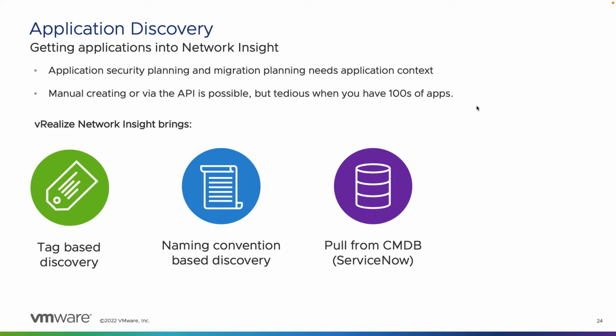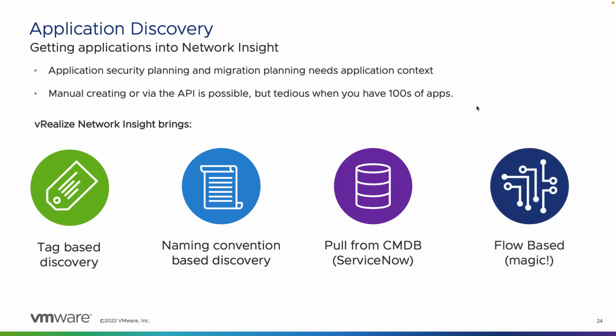We can also pull from a CMDB, such as ServiceNow, and be able to ingest those applications from that CMDB. And this is a good use case also to true up your CMDB after you've imported those into vRealize Network Insight. We can utilize our other discovery methods to make sure that the CMDB is trued up within a solution like ServiceNow as an example. And then lastly, we can utilize flow-based application discovery.